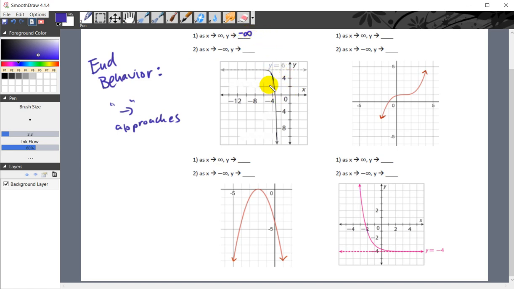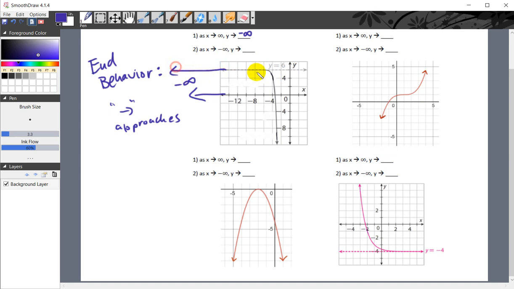Okay? If we go the other way, this is where it gets a little bit interesting. I can see some of you thinking, well, if this graph crossed the line y equals 6, it doesn't look like the y values are restricted in that direction. But as you can see here, let me draw that line a little bit better. This says as x approaches negative infinity, the graph is going this way, right?